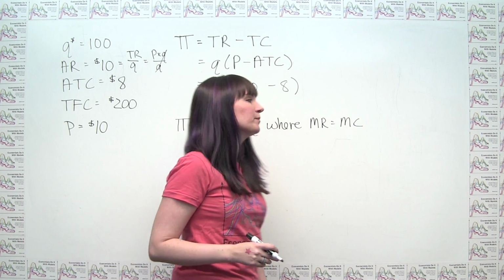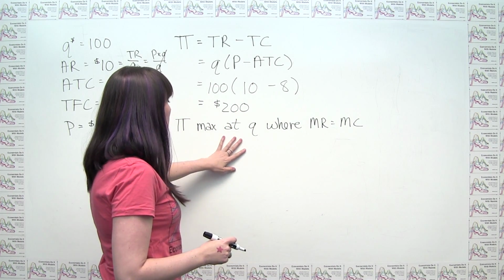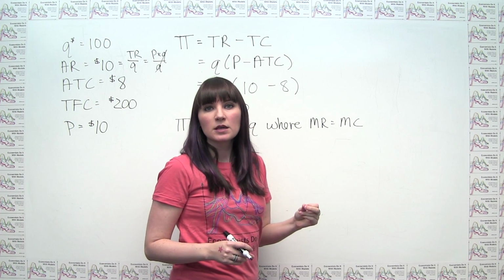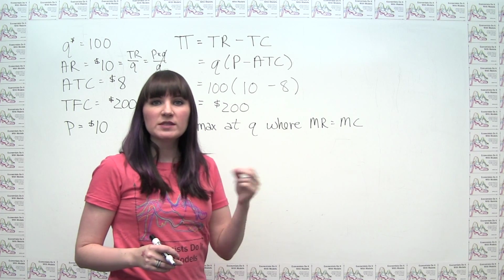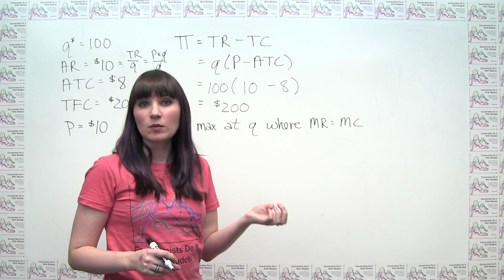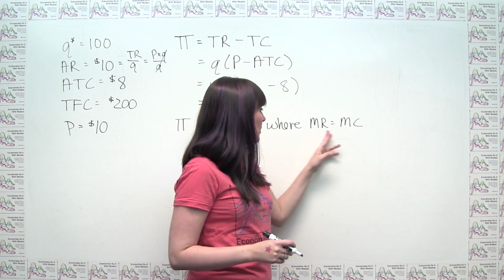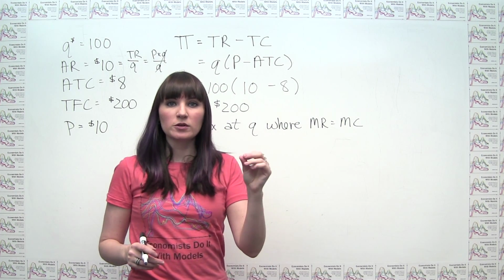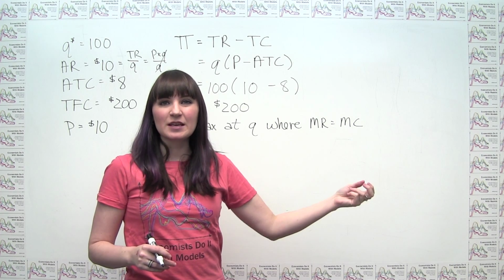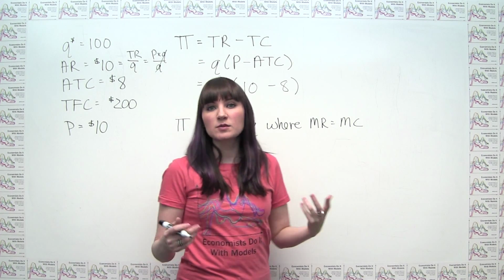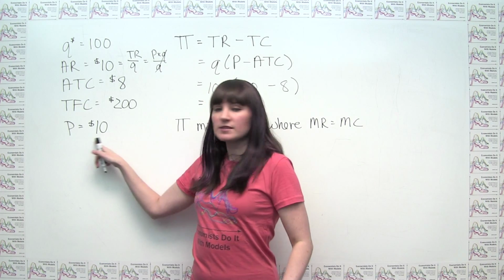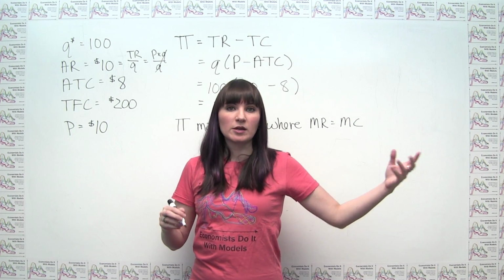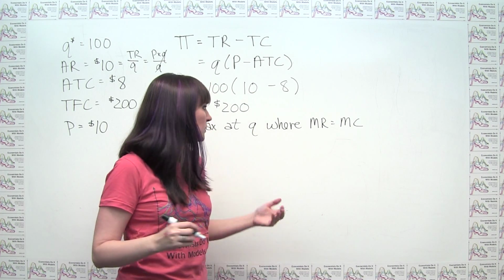One of the things we said, however, in a competitive market was that we didn't have to lower our price in order to sell more. So in a competitive market, marginal revenue, or the additional revenue we get from selling one more unit of output, is just going to equal the price. Because if I can sell as much as I want at a price of $10, then for each additional thing I sell, I'm going to get on the margin $10 coming in.